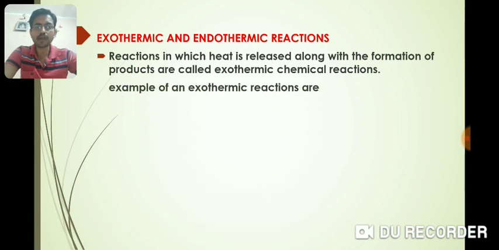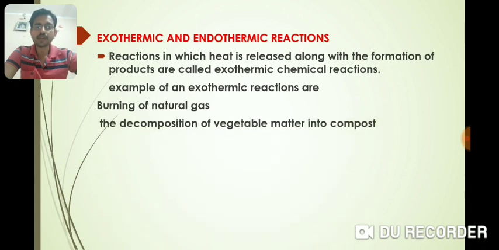Examples of exothermic reactions are burning of natural gas, that is methane. When anything is burnt, heat is released out. So this is exothermic. The decomposition of vegetable matter into compost is another example of exothermic reaction. Respiration, that is the oxidative breakdown of glucose in living cell, is also exothermic in nature.